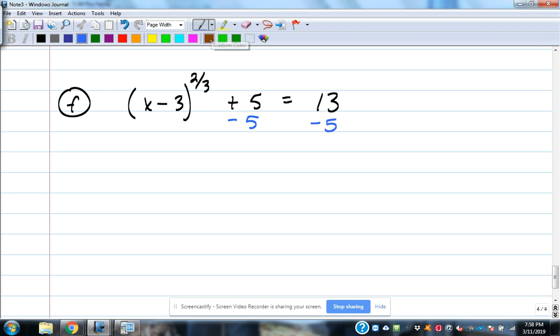Yeah, to get the part that has the rational exponent by itself. So we're moving the 5 to get rid of the stuff that doesn't have a rational exponent. So that's going to give us (x - 3)^(2/3) equal to 7.